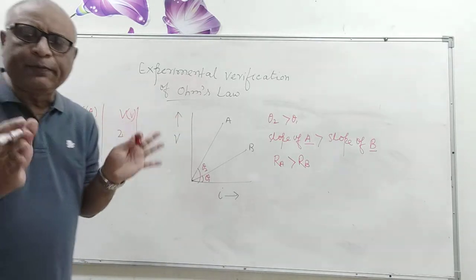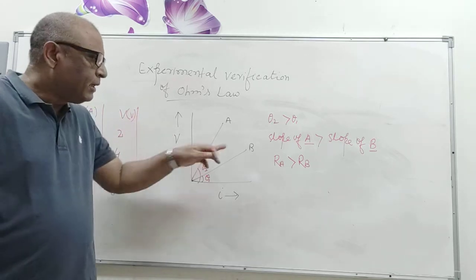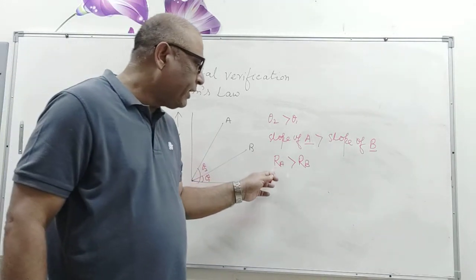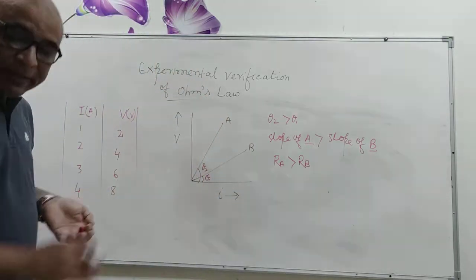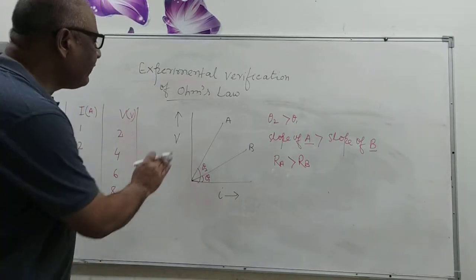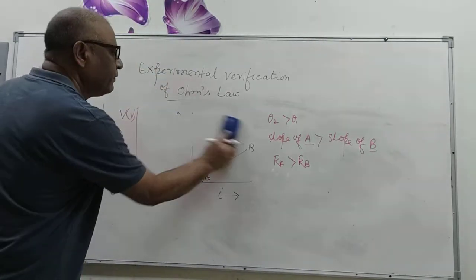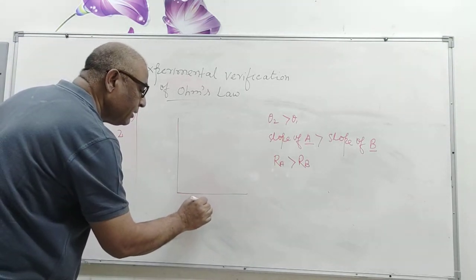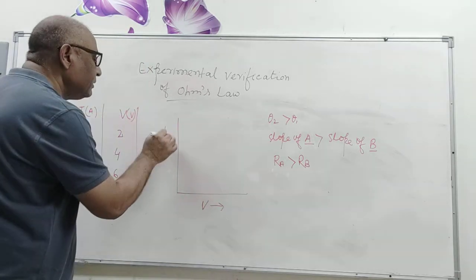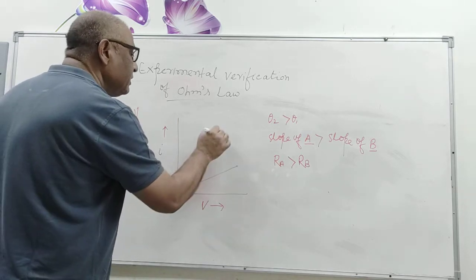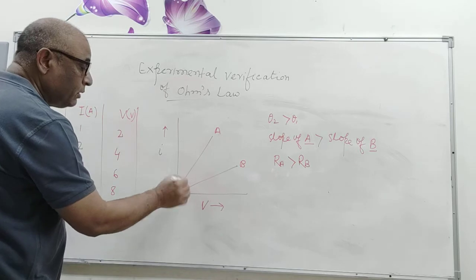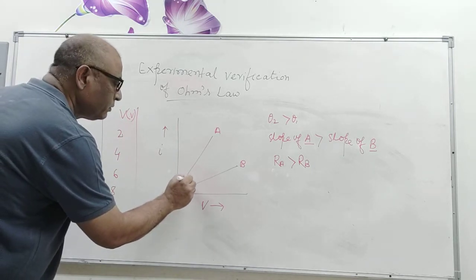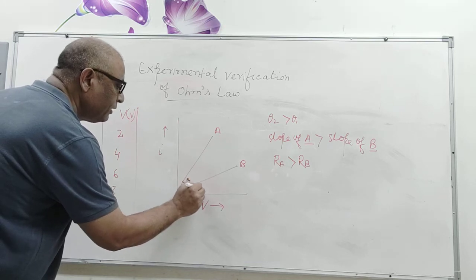If we have two resistances and in the experiment we get that slope of A is greater than slope of B, then resistance of A is greater than resistance of B. But if you reverse the graph, with this axis voltage and this axis I, and this is A and this is B, and now the angle of A is again theta 2 and B is theta 1.